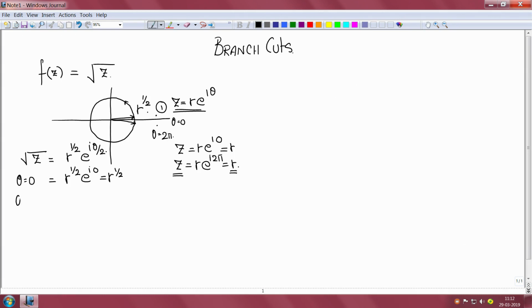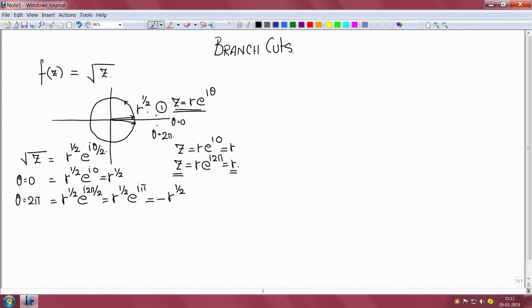At theta equal to twice pi, we get r to the power half e to the power of i theta by 2, which is r to the power half e to the power of i pi. E to the i pi is minus 1, this gives me minus r to the power half.